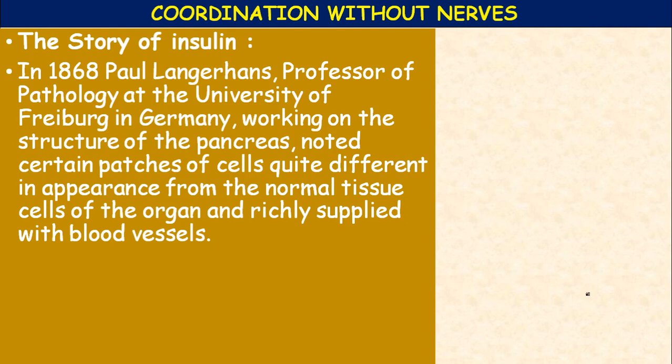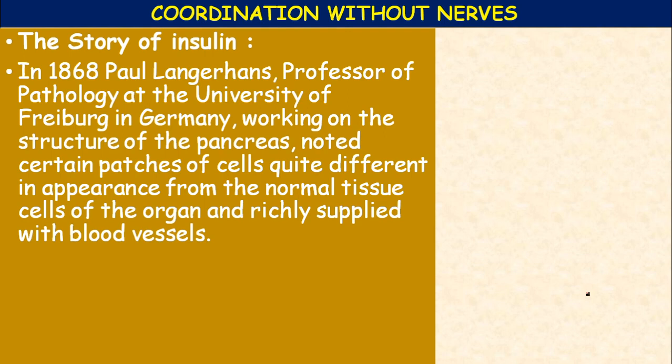Okay, so in 1868, who is that? Paul Langerhans. He was a professor of pathology at the University of Freiburg in Germany. Okay, he studied the structure of the pancreas. He observed certain cells which are different from the rest of the cells.